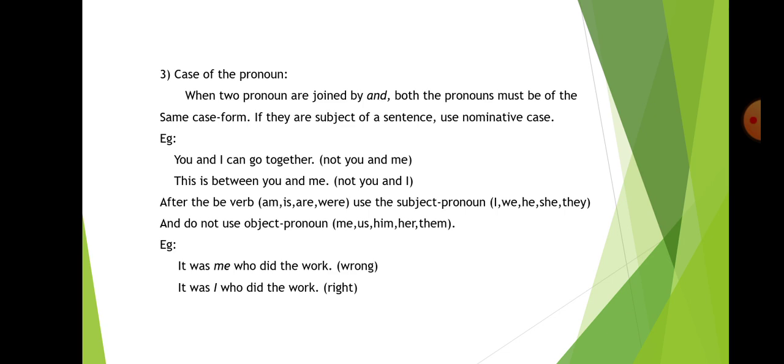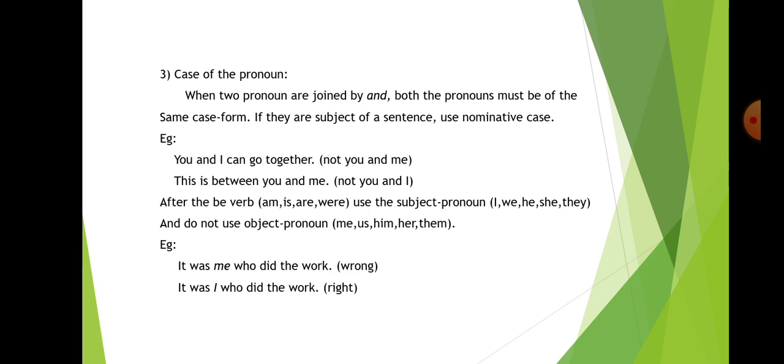Next, case of the pronoun. When two pronouns are joined by and, both the pronouns must be of the same case form. If they are the subject of a sentence, use nominative case.